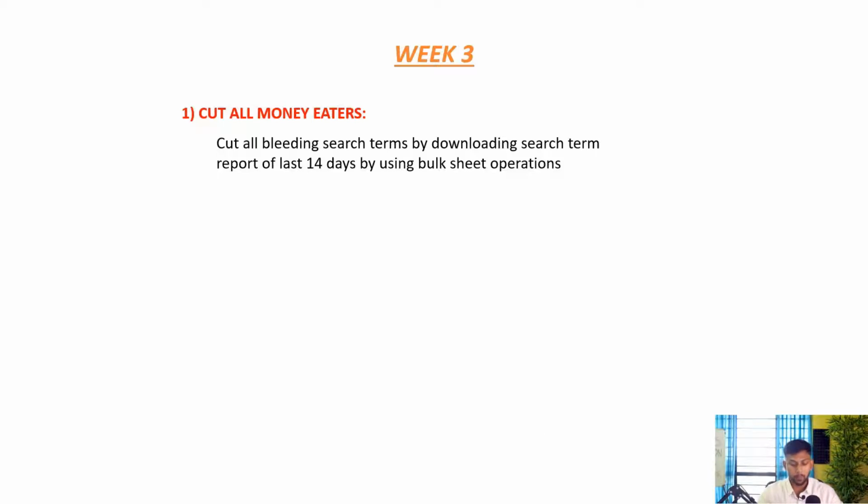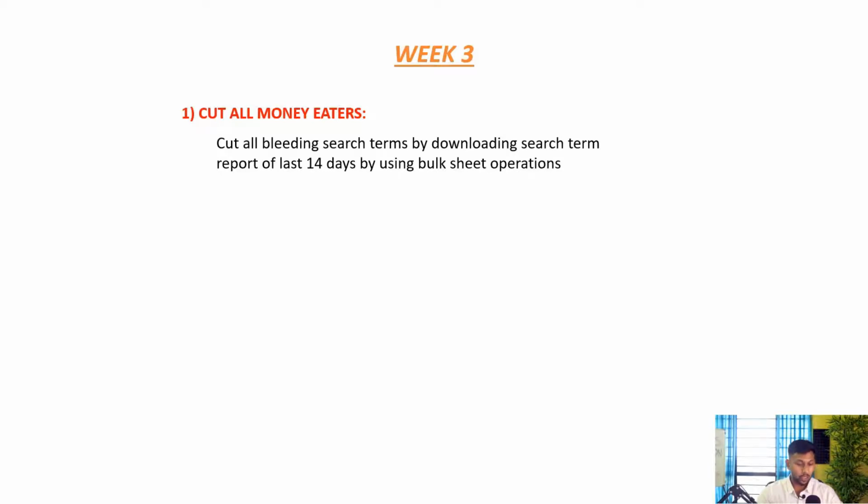Okay, so this is the task that you have to do for week 3. Week 1 and week 2, I'm going to cover in the next sessions, in the next days of the training. First, for week 3, cut all money eaters is a step that you have to take. You have to cut all the negative money eaters. Now, how will you do it?